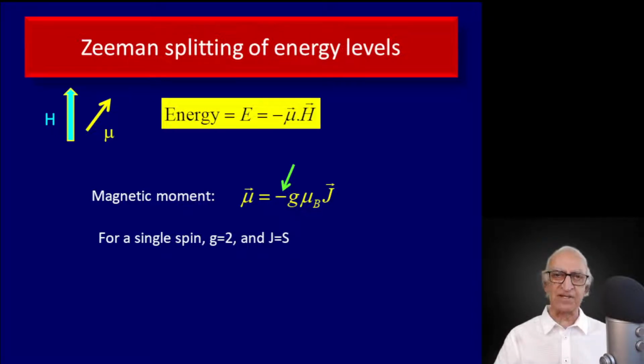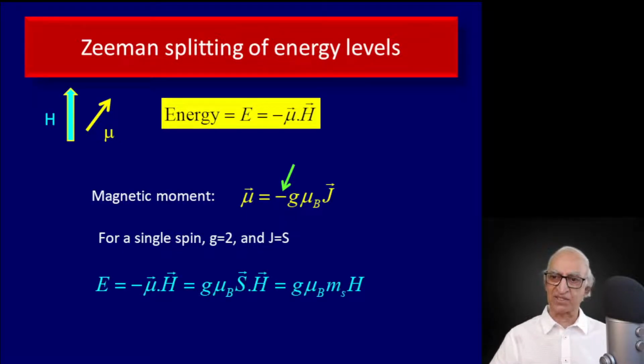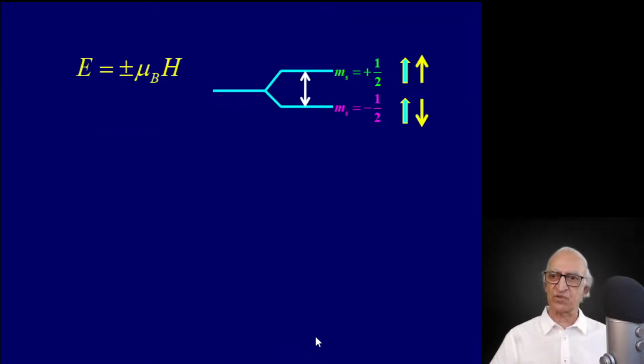For a single spin, an electron or a proton, g is 2, and the total angular momentum is just the spin angular momentum S. Therefore, the energy of interaction, which is minus mu dot H, is given by this formula, where this quantum number m_s can take the value either plus 1/2 or minus 1/2, and the energy E is split into two levels, plus mu_B H and minus mu_B H, which is shown over there.